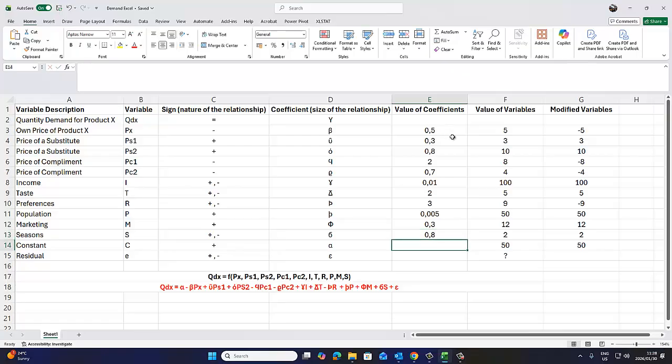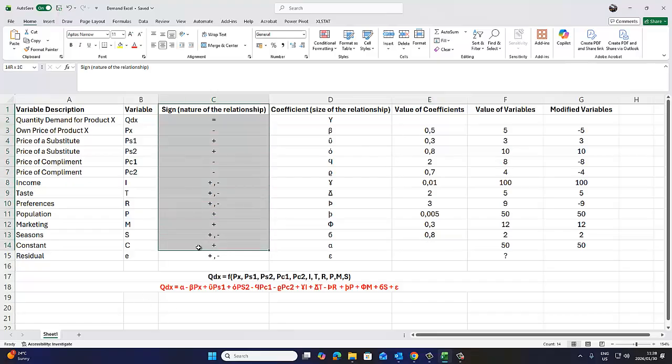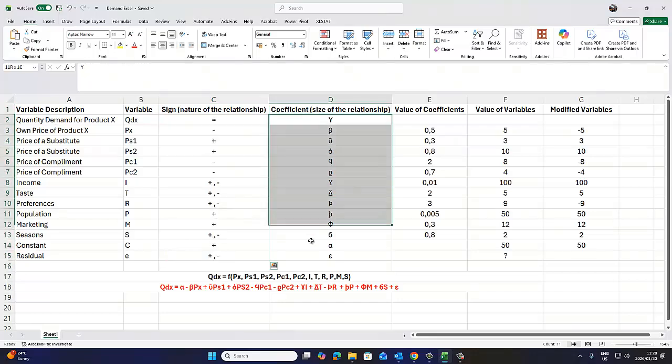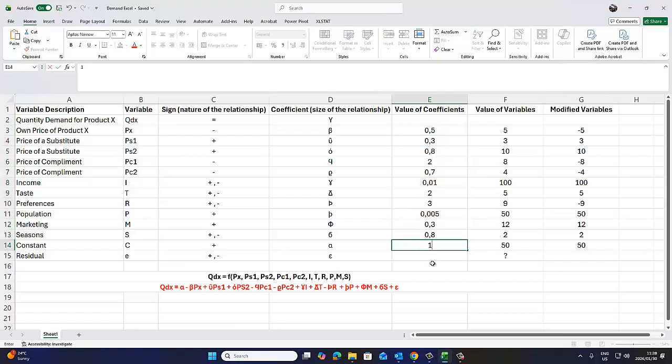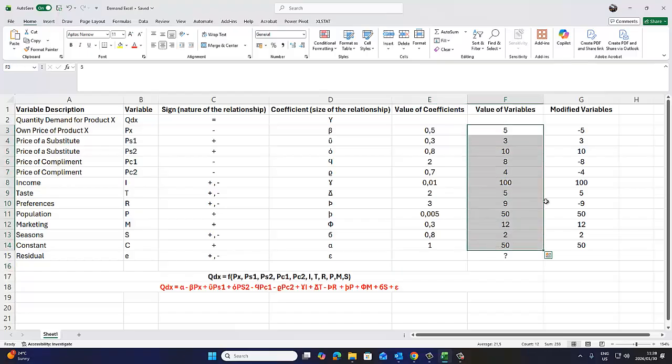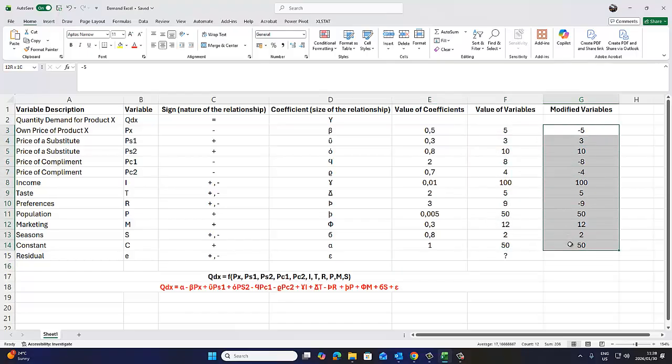Okay, so now we've got all our information. We've got the signs of each of these variables. We've got our coefficients. We've estimated a value for our coefficient. Okay, so this will be 1. And we have the value of the variables, and then obviously the modified variables, which is the signs attached to it.